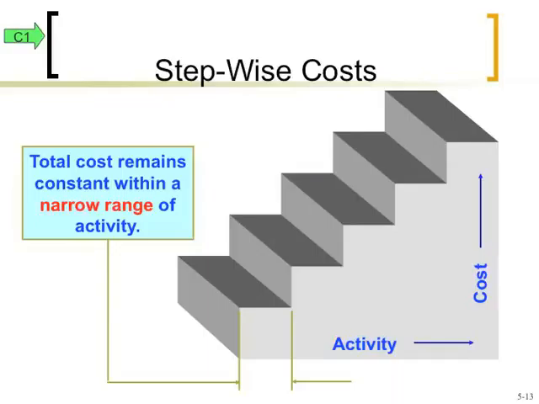Think of a hospital with the number of nurses and the patients. Typically, you don't bring in one nurse for each new patient. That would be a totally variable cost. What you more usually find is that if you have from 1 to 5 patients, you'll have one nurse. As soon as you go from 6 to 10 patients, you would add a second nurse. That would be a stepwise variable cost.